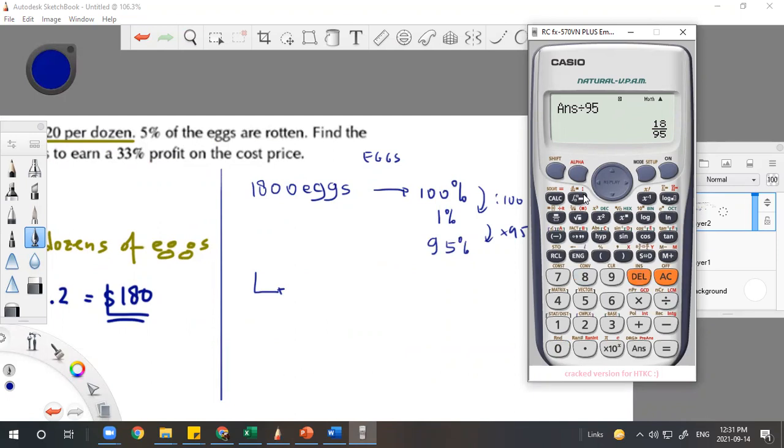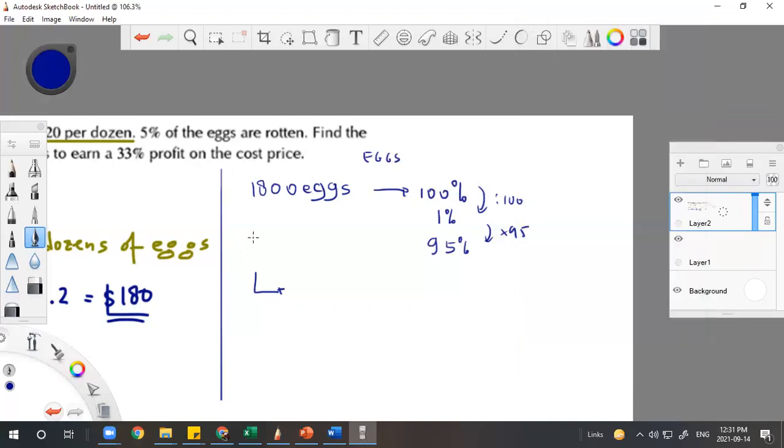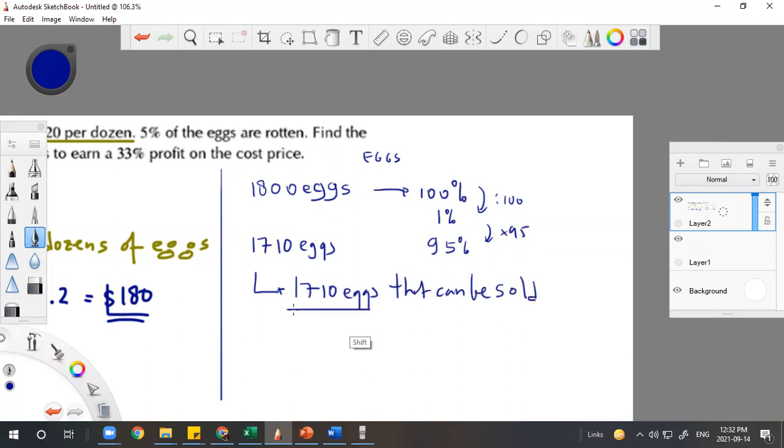Oh, sorry, I did something wrong. 1,800 divided by 100 times 95. 1,710x that can be sold. Yang bisa dijual, ya.